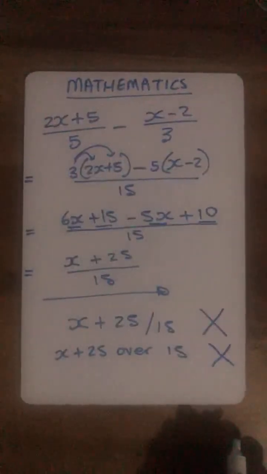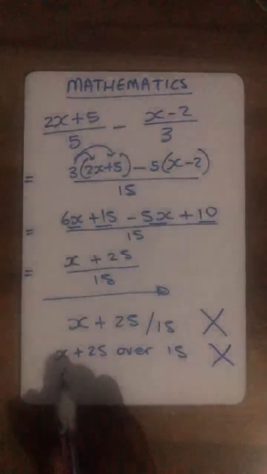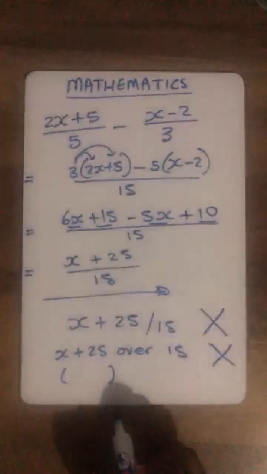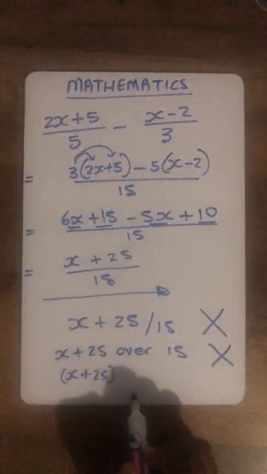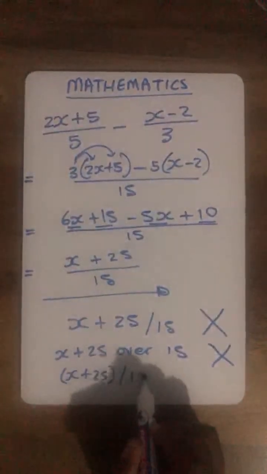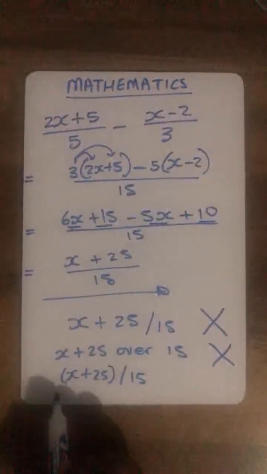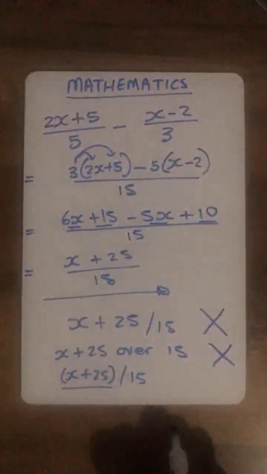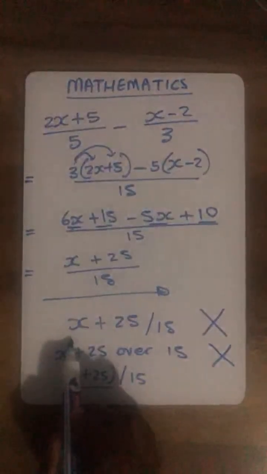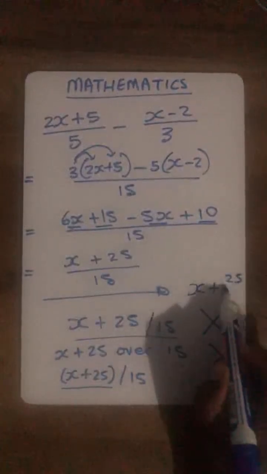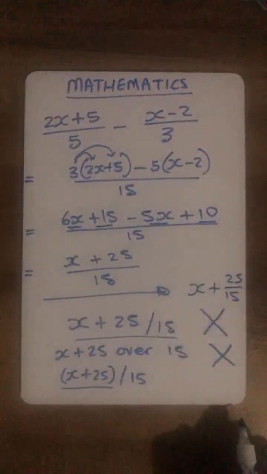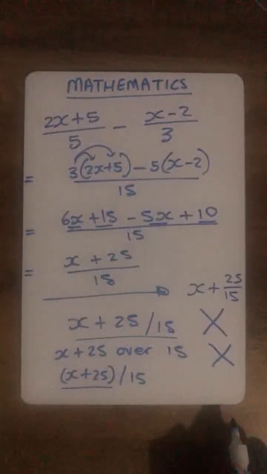The correct way of writing that, you need to put what is at the top inside the bracket. So that means you say (x plus 25), and then you can do that and say 15. Then we know all of this is a numerator. But if you write it the other way, it's like you are saying x plus 25 over 15, which is wrong.